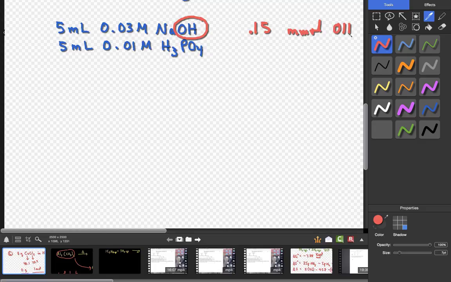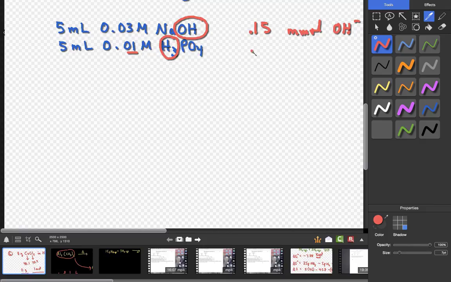Plus, I am going to have, now here we have 3 equivalents of H plus, whereas this only had 1, but the concentration is 3 times less than it was with the base, but we have the same volume.